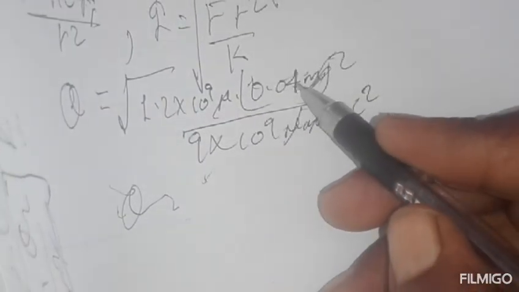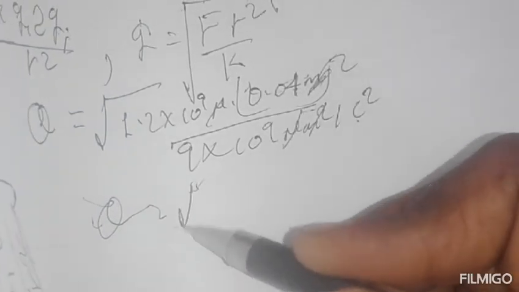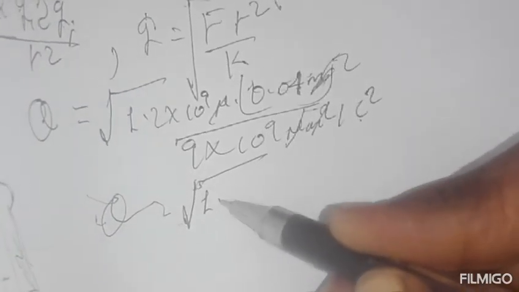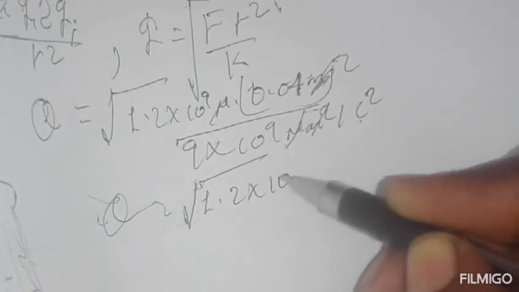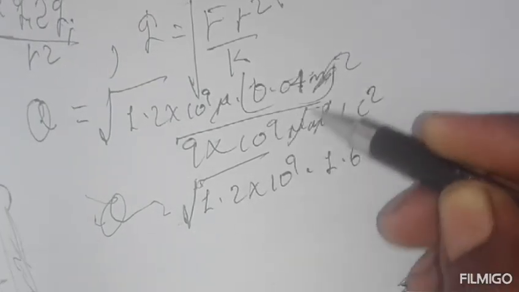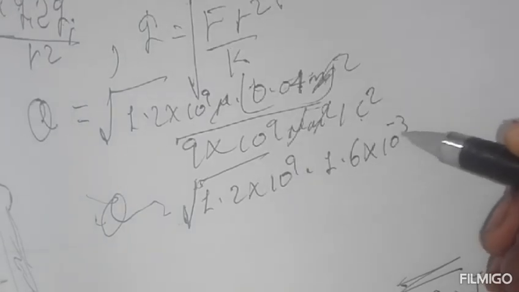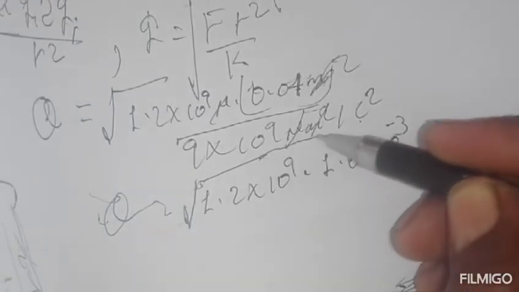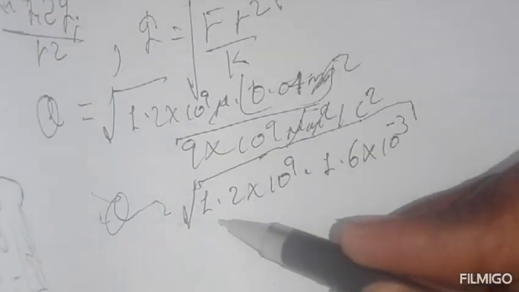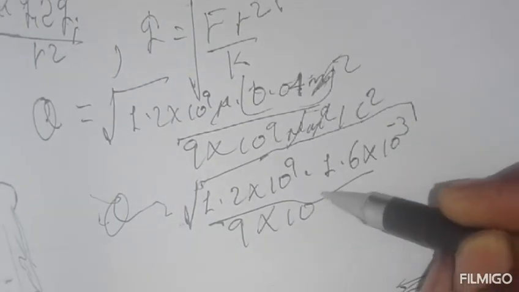So the square root of 1.2 times 10 to the power of 9 times 1.6 times 10 to the power of minus 3 over 9 times 10 to the power of 9.